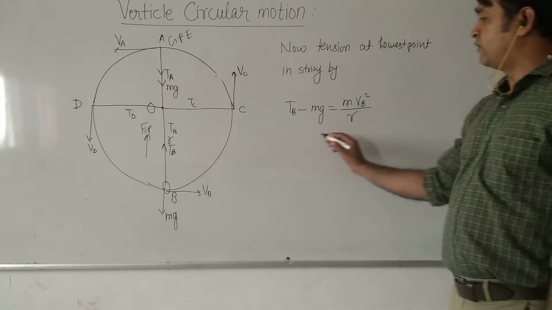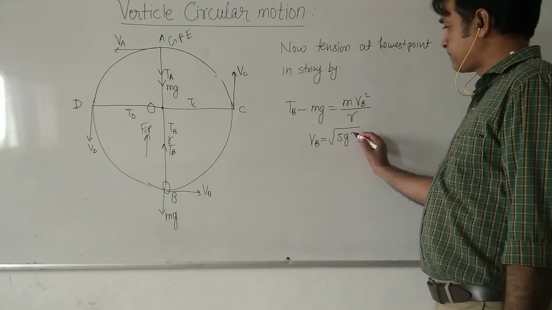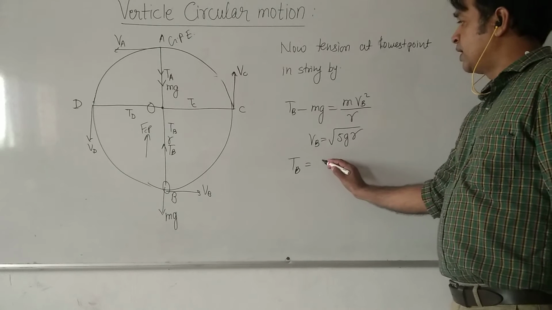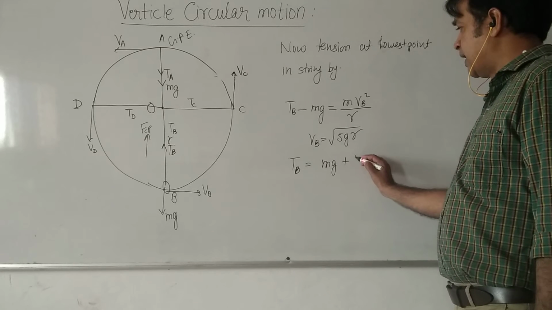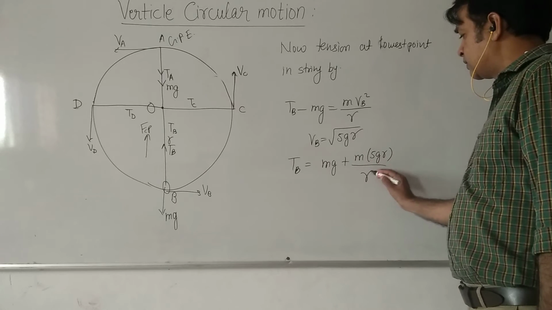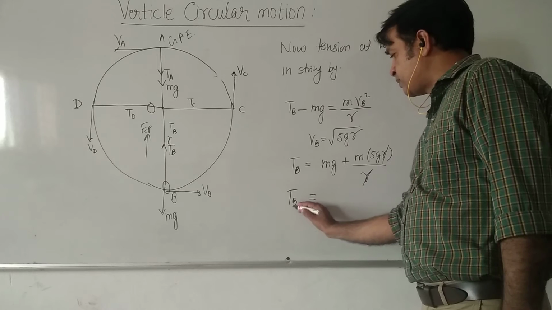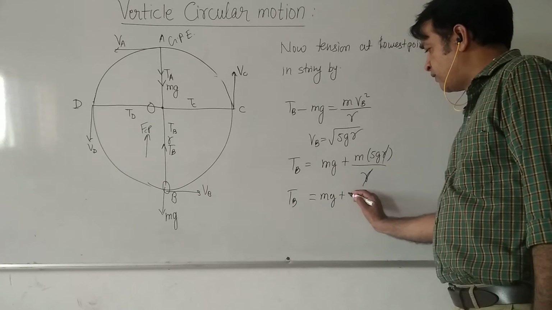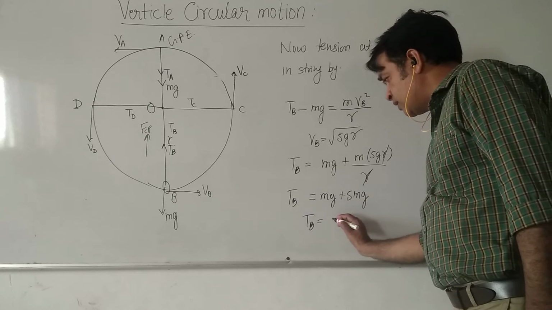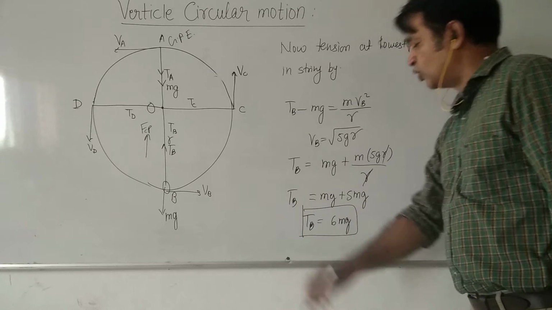By putting the value of Vb, root 5gr, Tb equals mg plus m 5gr upon r, r cancels, and the tension at this point is mg plus 5mg, meaning tension at this point is 6 mg. Note down.